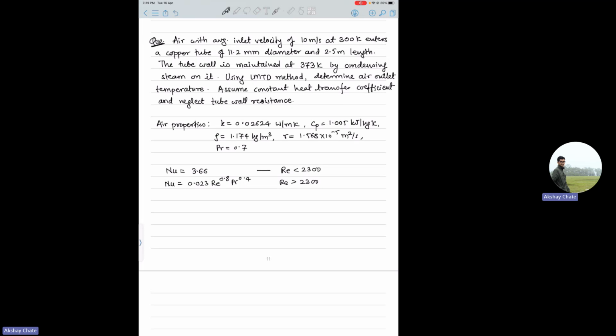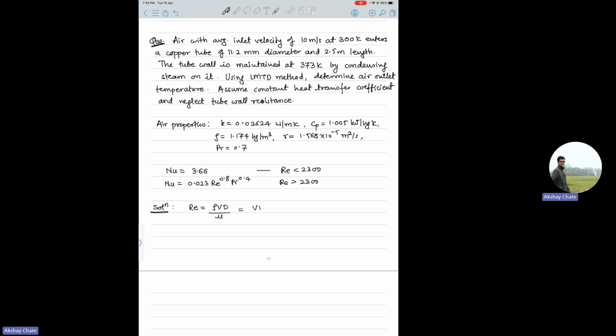So now, before proceeding further, what we should do is we should at least draw the schematic. We can draw that, but before that, let's just see. Since they are asking us to use Nusselt number correlations, we'll first find out the Reynolds number. So Reynolds number will be rho V d by mu.